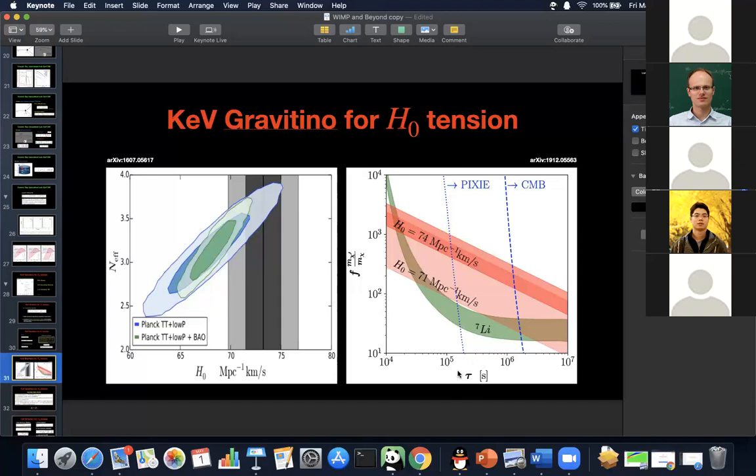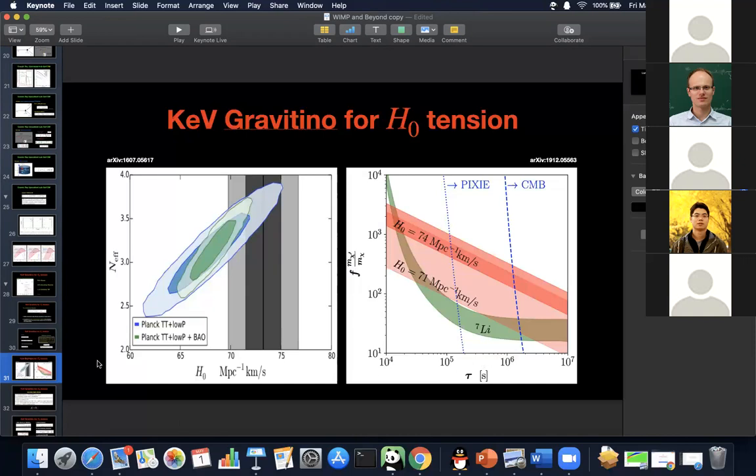If we want to explain the Hubble constant within the 2 sigma range, our points should lie in this red range. This is all about the model independent analysis.